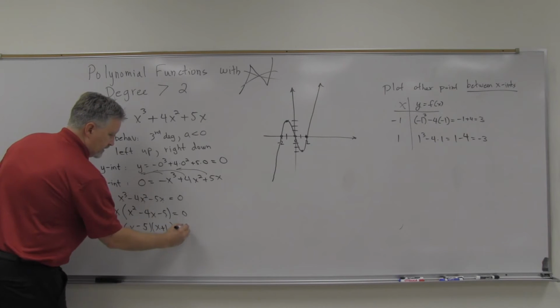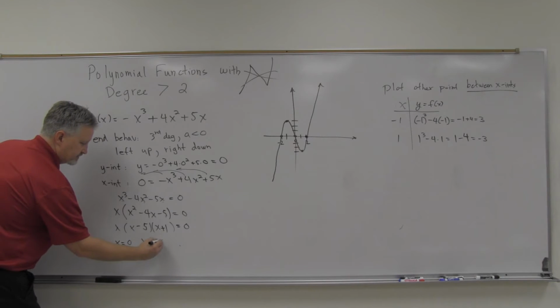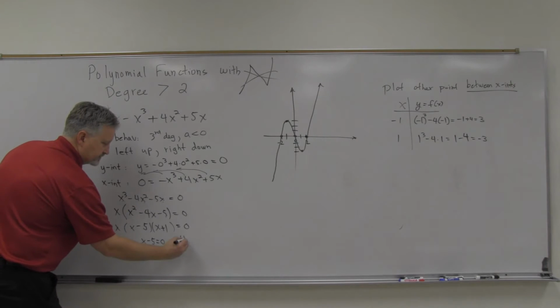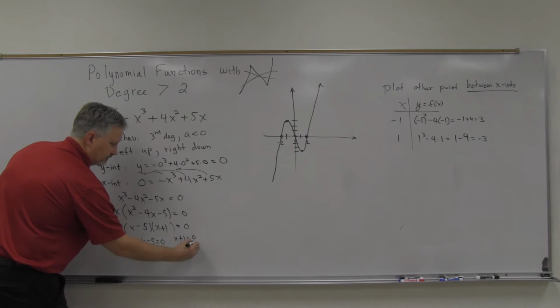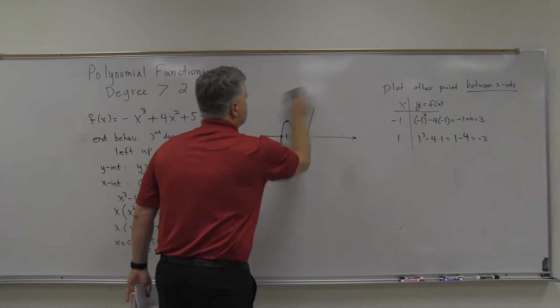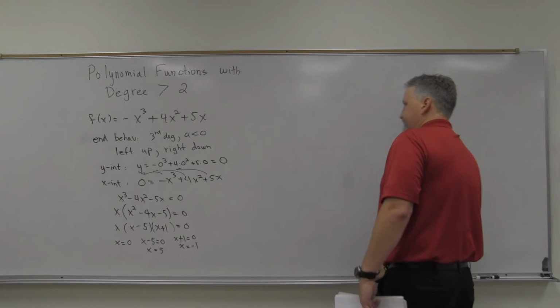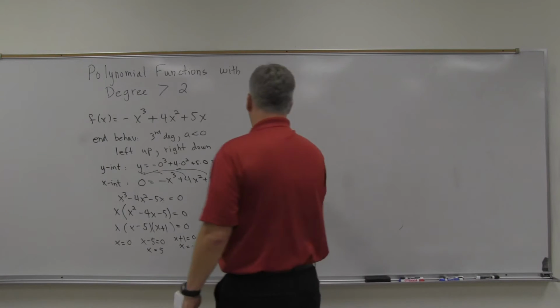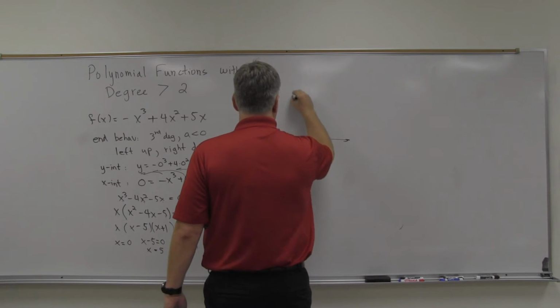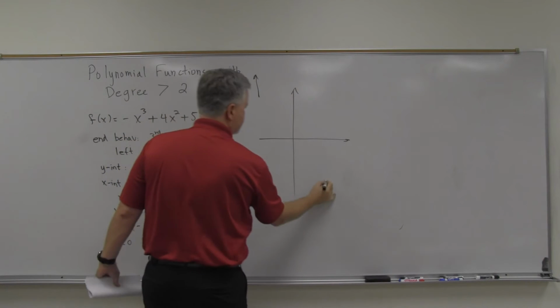All right. So we've got x equals 0, that's an x-intercept. x minus 5 equals 0, so that would be x equals 5. And then x plus 1 equals 0, so that would be x equals -1. Putting all that down here, we've got left is up, right is down.